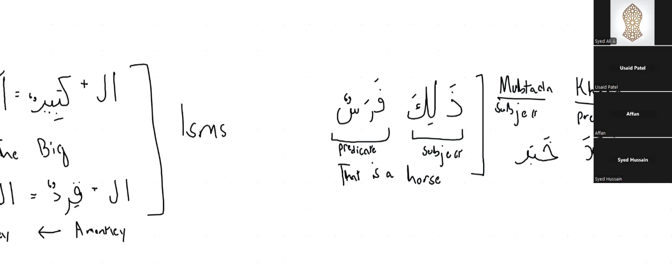Mubtada, khabar. So mubtada is the subject, khabar is the predicate, and in this basic sentence we have dhalika farasun.